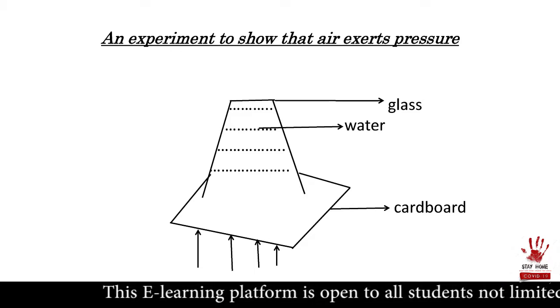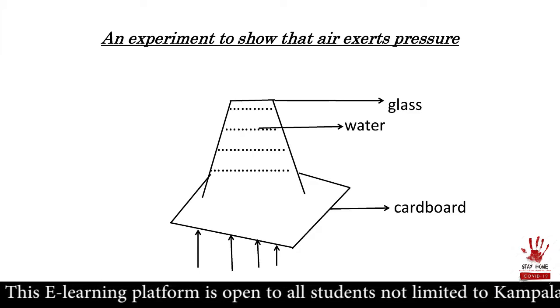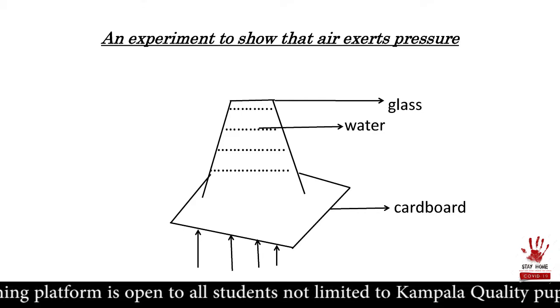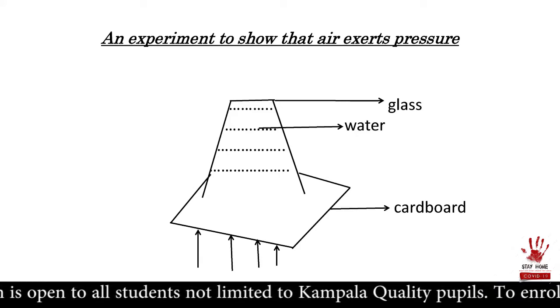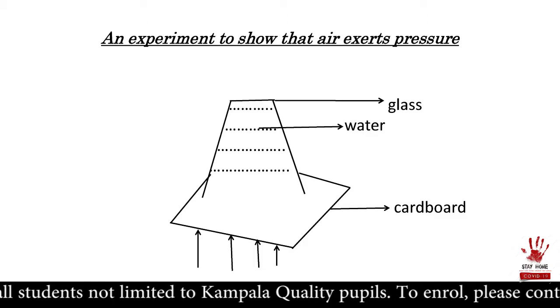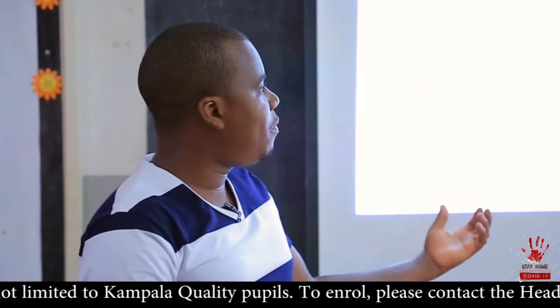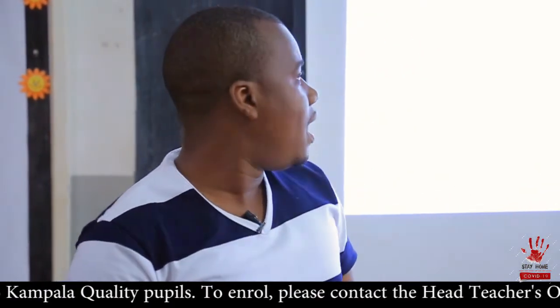These arrows here are representing the air pressure, the pressure that is exerted on the cardboard, so it does not fall down. Then there is water inside, but you will find that water will not pour. And which property is that? Air exerts pressure.